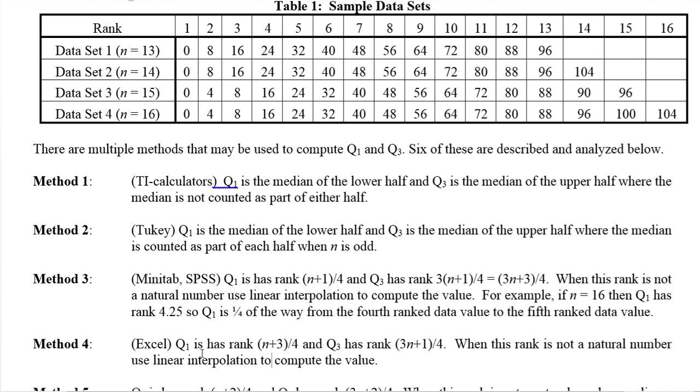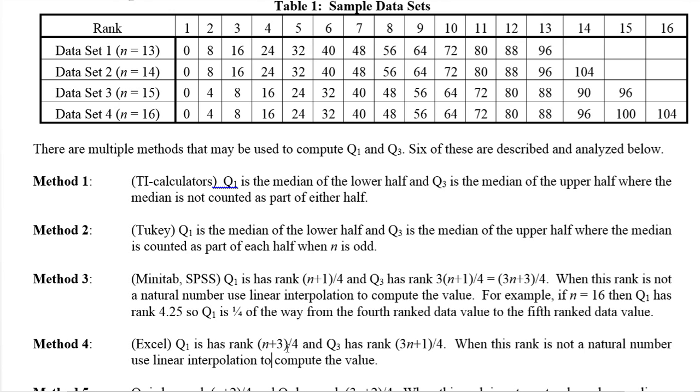Q1 has rank n plus 3 over 4, and Q3 has rank 3n plus 1 over 4. Different, notice, than these, but it uses the same idea. It uses a different formula for finding the rank, okay?